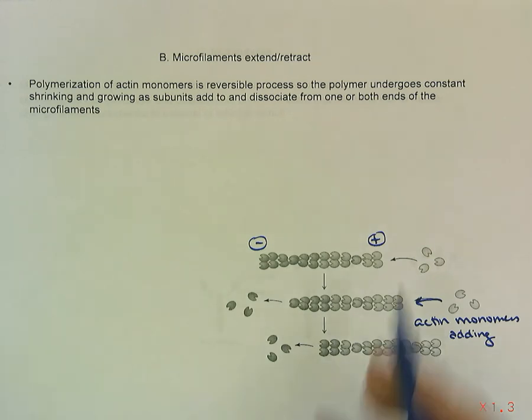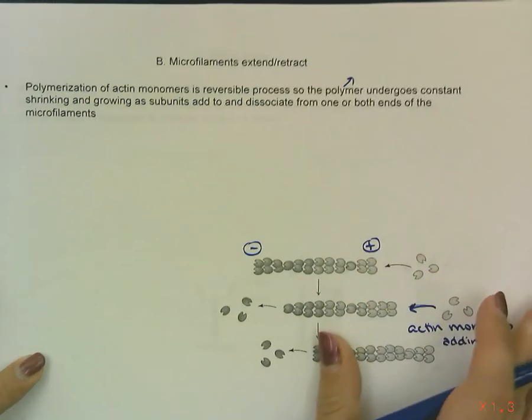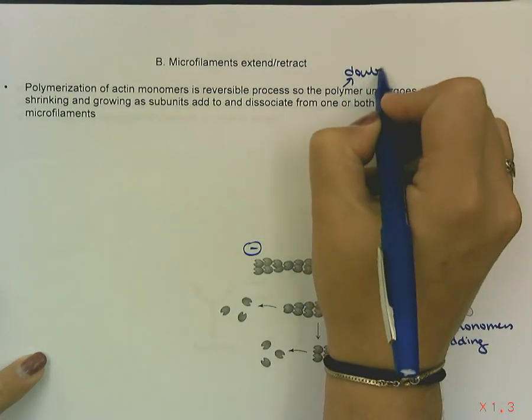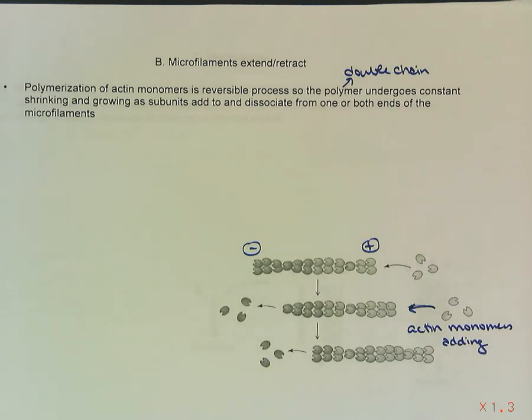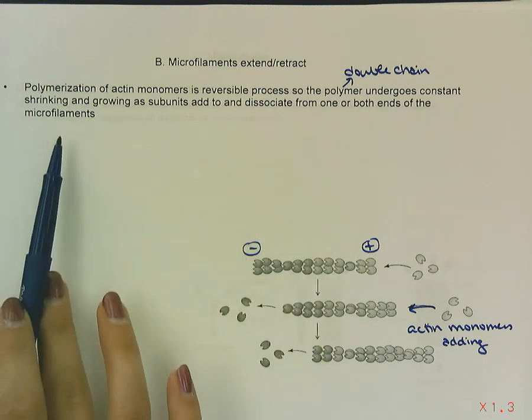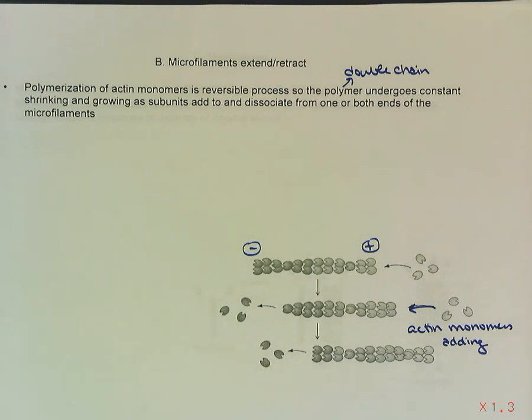So this polymer double chain is undergoing constant shrinking and growing depending on how many subunits are being added, how much ATP hydrolysis is going on. And they can dissociate from one or both ends of the microfilaments depending on what's going on with that polymer.